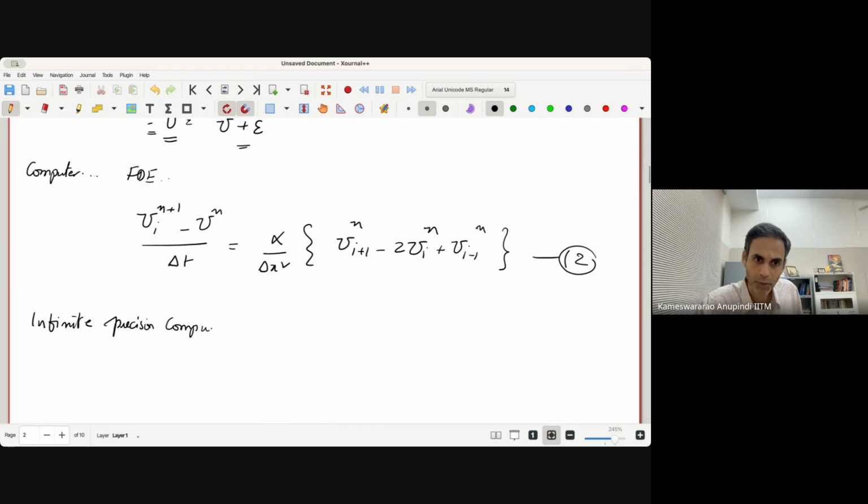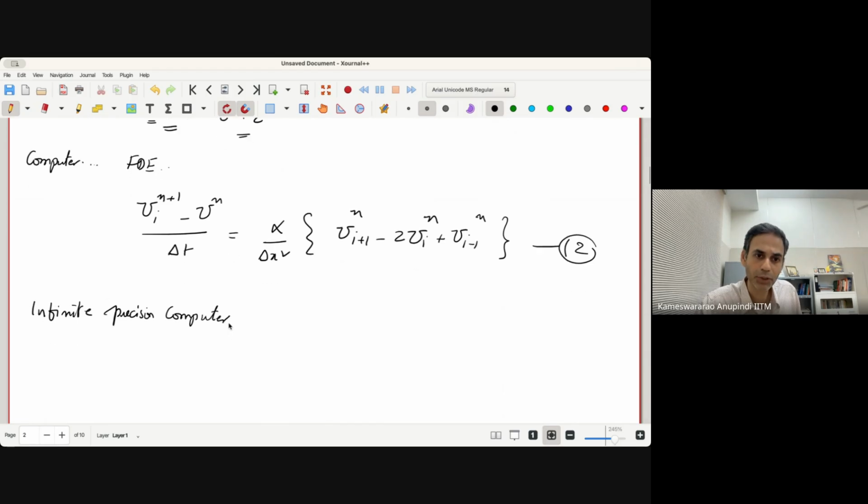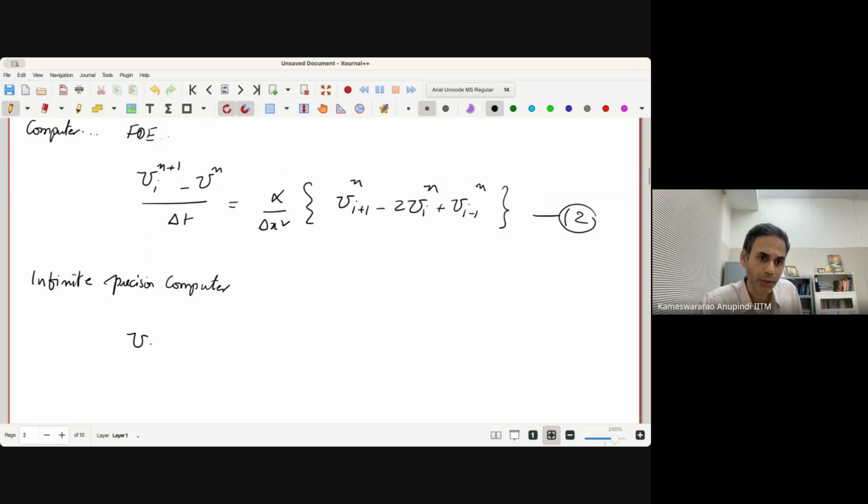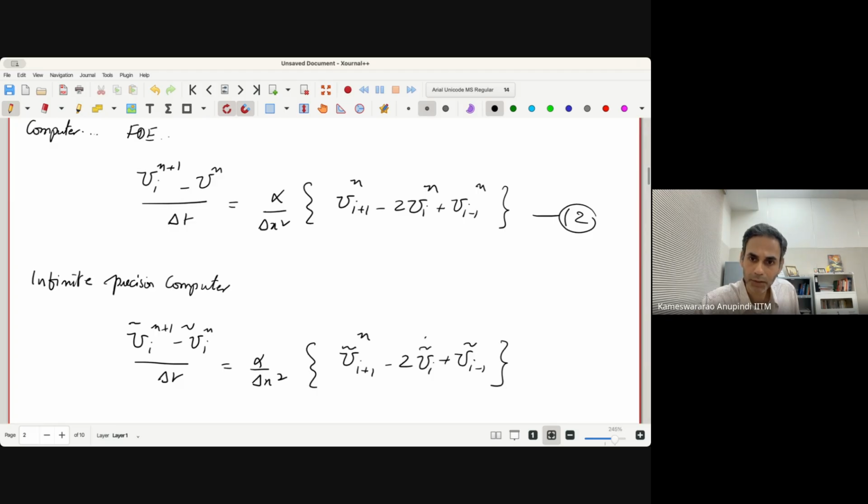Then the solution we obtained, that is u tilde, was obtained by essentially solving this equation. So u tilde is also going to satisfy the same equation: u tilde I plus 1 minus 2 u tilde I plus u tilde I minus 1, all of them at nth time level. Let's call this equation 3.